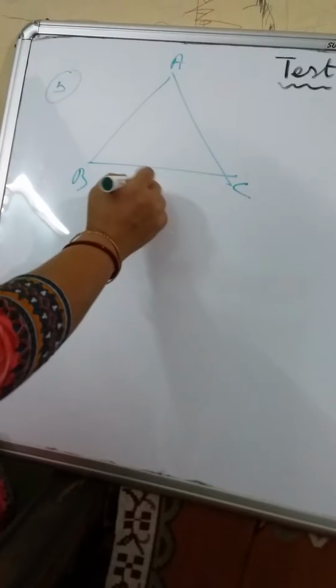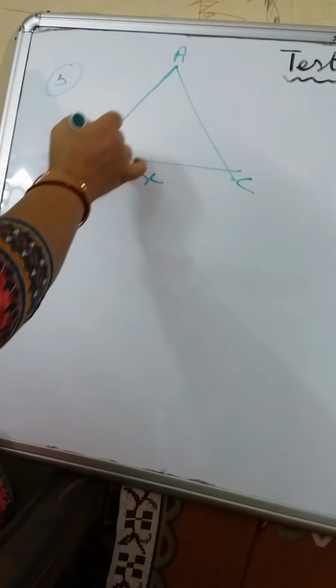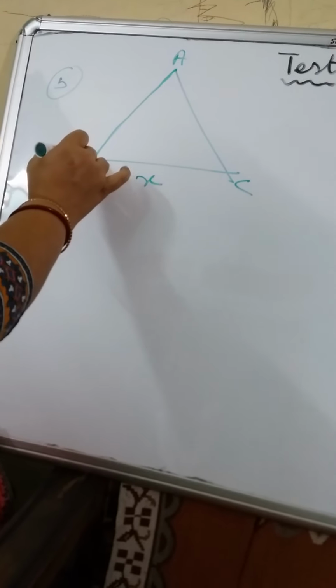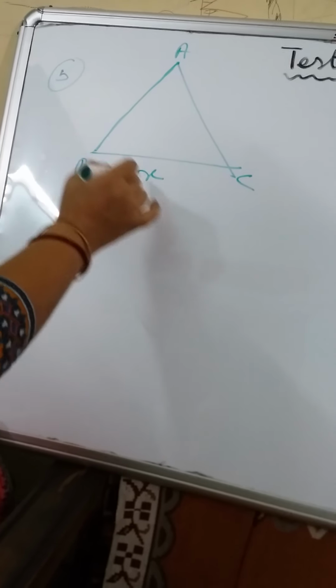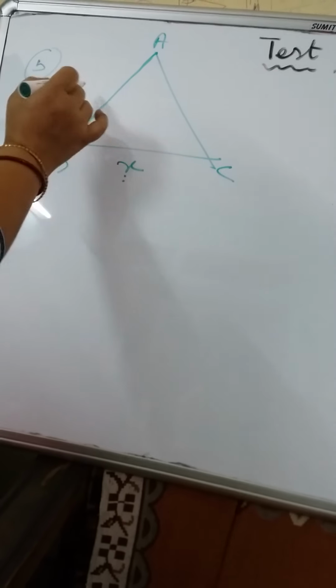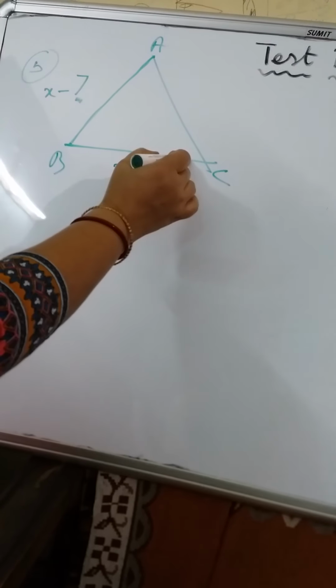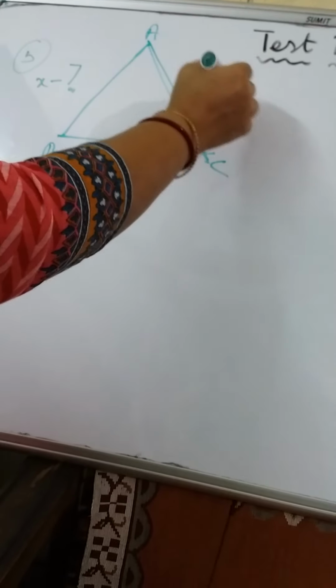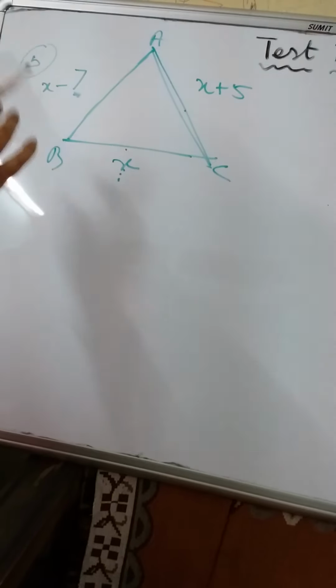Say this side is x. This side is 7 centimeter longer than another side. That means this is longer than this by 7 centimeter, so this other side will be x minus 7. And this is shorter than this, so it is greater than this by 5, so it is x plus 5.